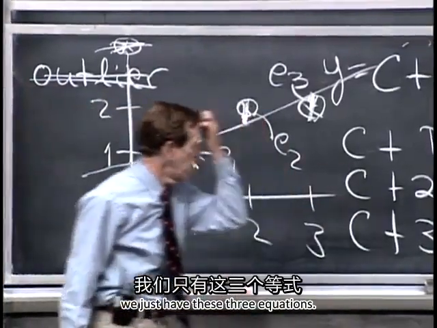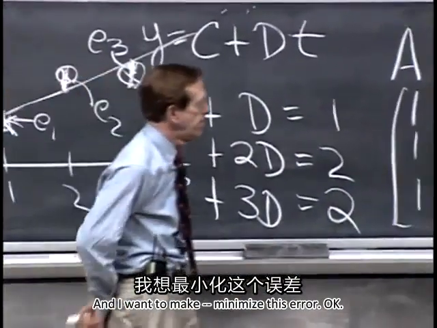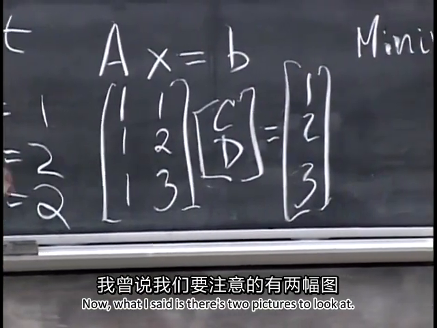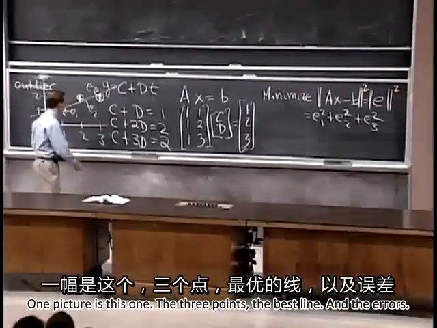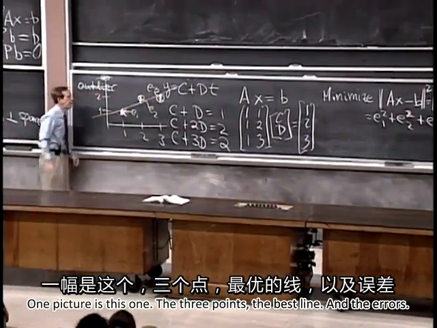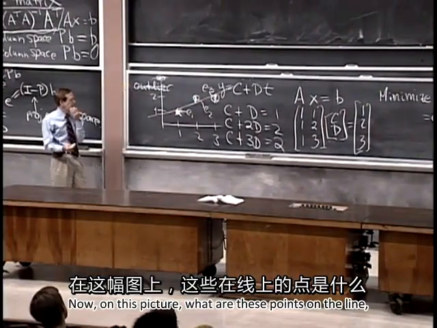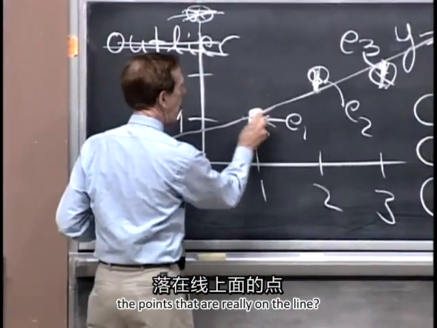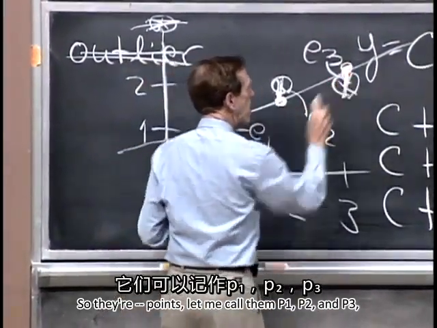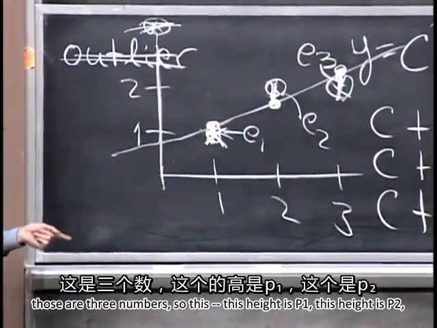Okay, so suppose we don't have this guy. We just have these three equations, and I want to minimize this error. Now, what I said is there are two pictures to look at. One picture is this one, the 3 points, the best line, and the errors. Now, on this picture, what are the points that are really on the line? Let me call them P1, P2, and P3. Those are three numbers.